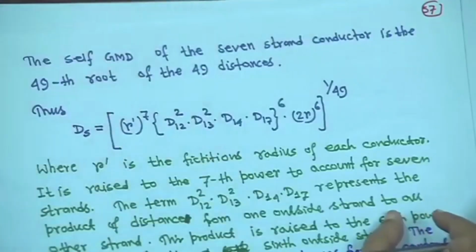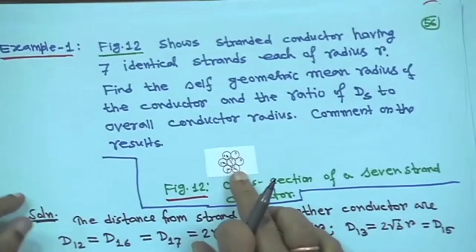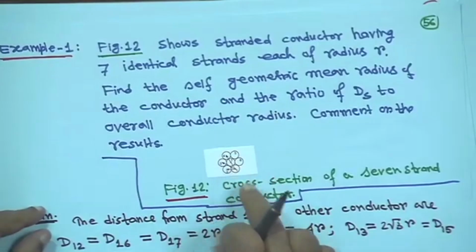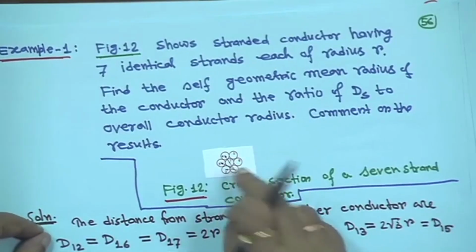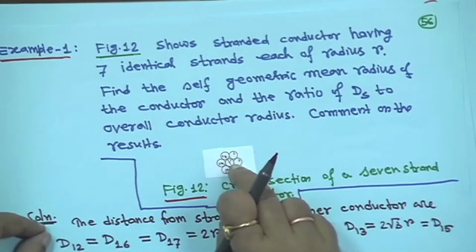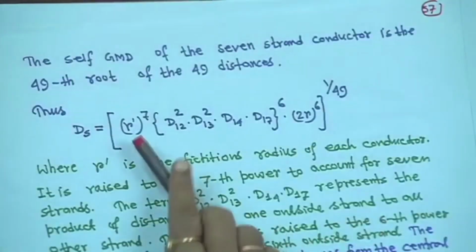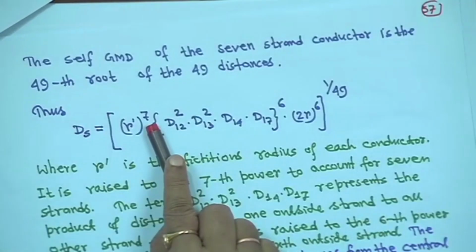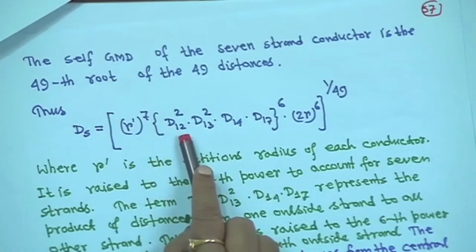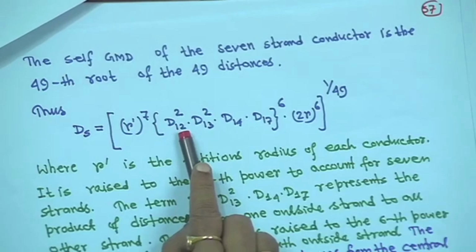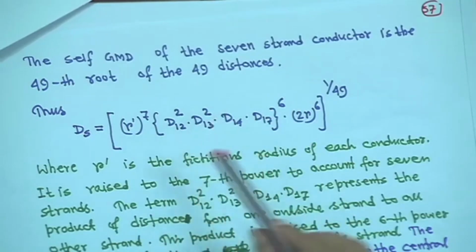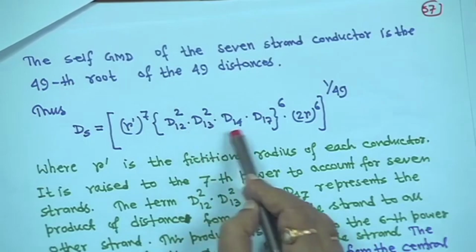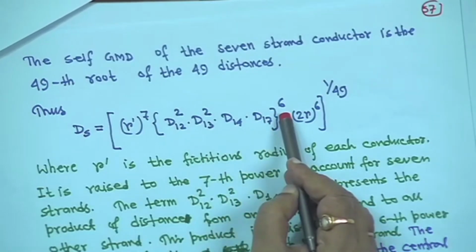Now, if you take the fictitious radius of each one as r dash, including the central one, 7 conductors are there. So it should be r dash to the power 7 first, right. Next, I am making d12 square, it has to be repeated 6 times, then d13 square into d14 into d17, all to the power 6, right. I will explain each one.